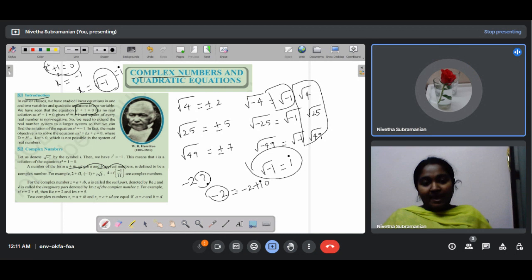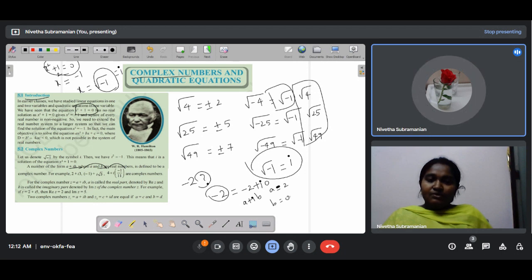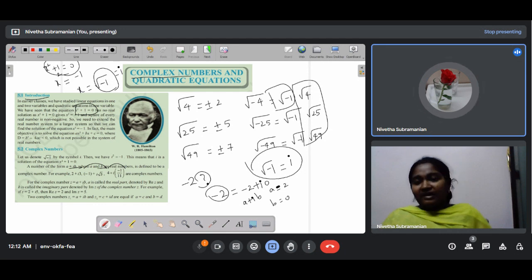So I'm writing minus 2 in the form of a plus ib, where a is equal to minus 2 and b is equal to 0. Both are real numbers, so it follows the definition of a complex number. A complex number should be of the form a plus ib, where a and b are real numbers. So minus 2 is also a complex number.